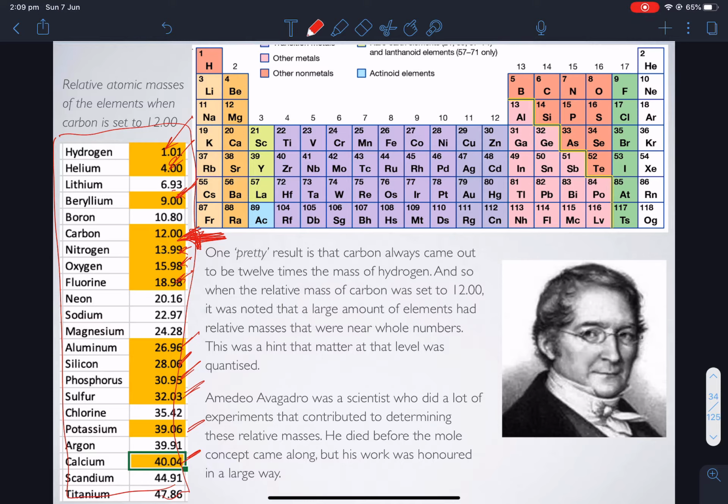So matter gave predictable numbers and integer values. It's a very, very beautiful result. He did a lot of work on these relative atomic masses, but then he died. I don't know if it was old age, but later work came to build upon his earlier work, okay? And he was honoured in a very large way.